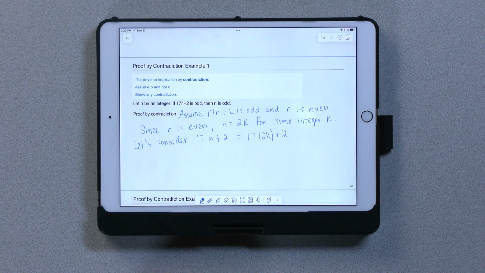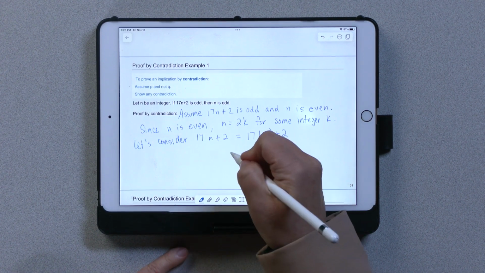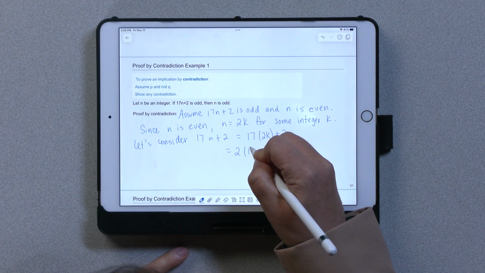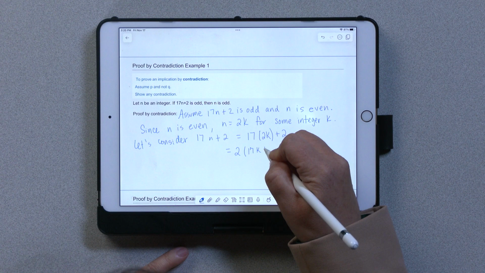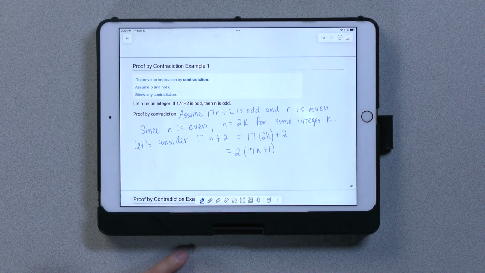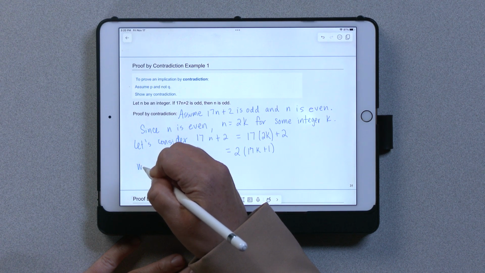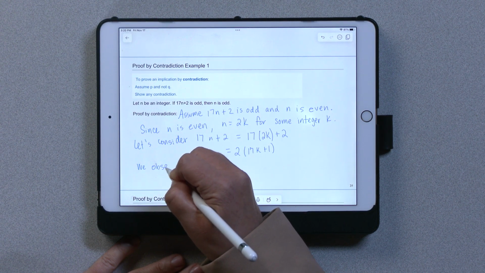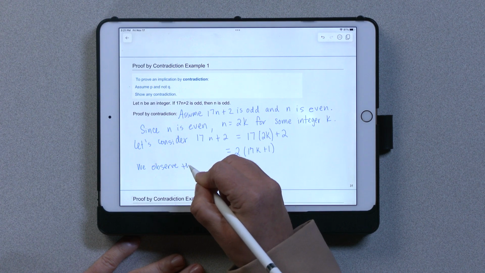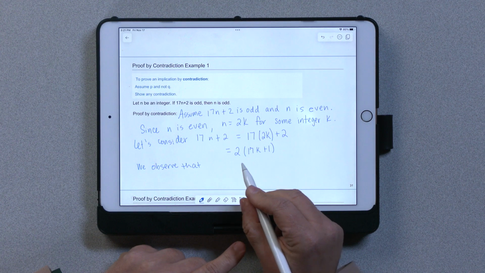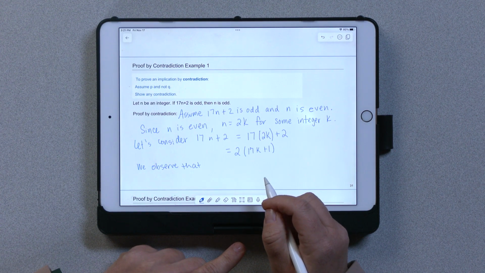But let's see what happens. We can actually factor out a 2. So here we have 2 times 17k plus 1. When we do so, we can observe now that 17n plus 2 is evenly divisible by 2.